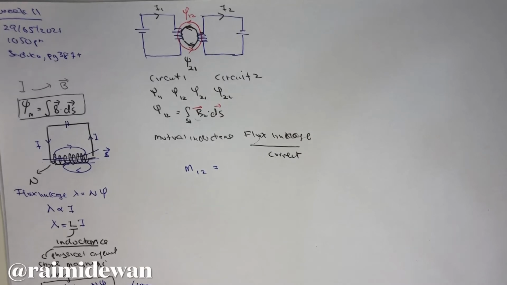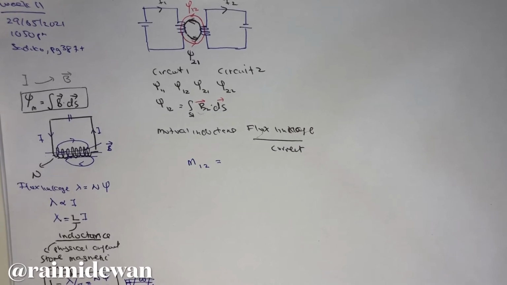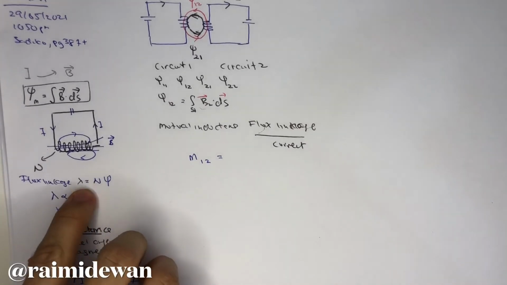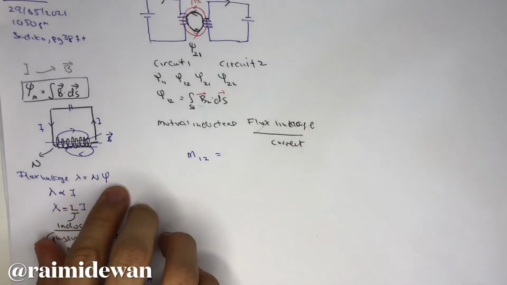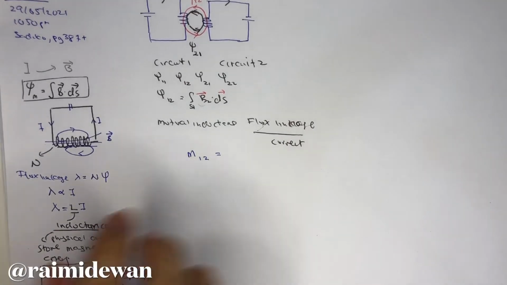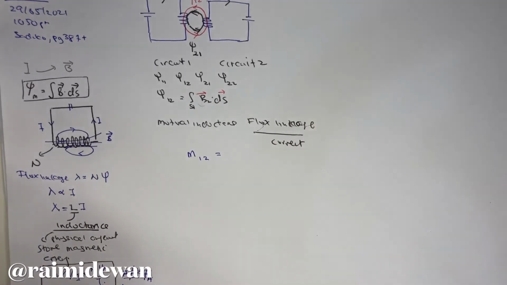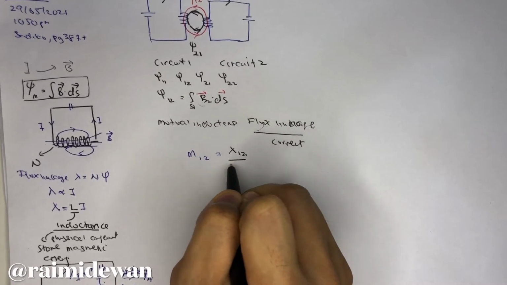Which you also know that lambda, I try to see the equation because I wrote it here. Flux linkage is lambda. So lambda equals N times flux. So this is M12, which is actually lambda 12 over I2.